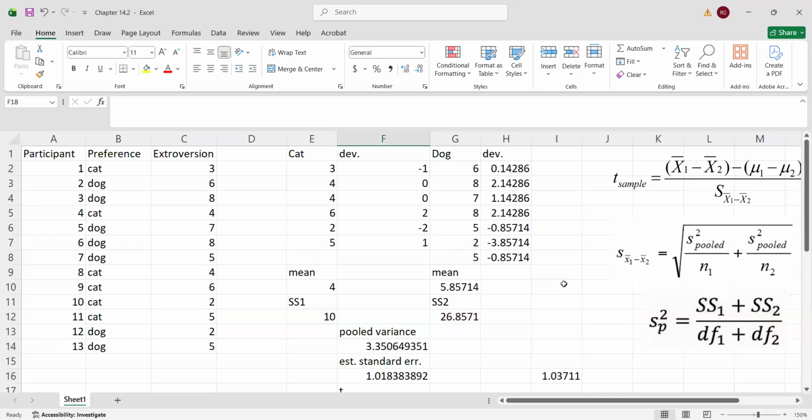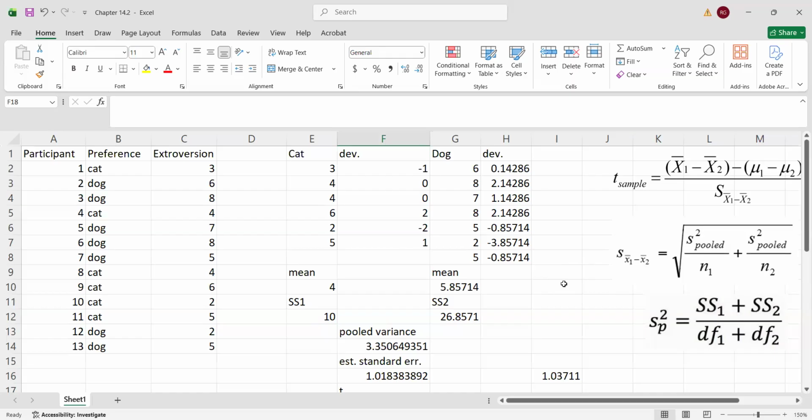Now, this is kind of an important point to think about. Originally, the one-tailed hypothesis that we made was that dog people, on average, would have a higher extroversion rating than the average for cat people.